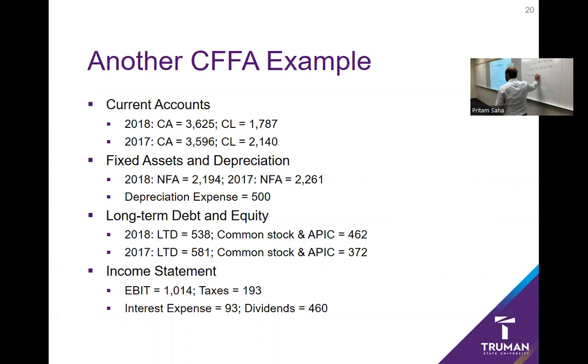And what is it for 2017? 1426, so it should be 382. Okay. Now, how much is our cash flow from assets? From this, we have to deduct these two, right? 506.